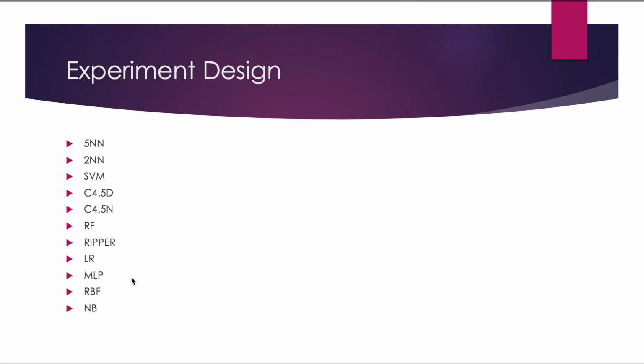In order to show how big the project is, for each of the 5 data sets we are going to run 10 times 10-fold cross validation, which will be 500 runs. Also for lambda, we have 5 different parameters.